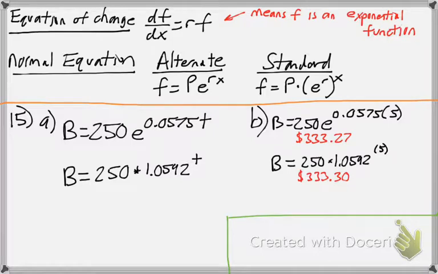But they also want us to know which one's more accurate. Well, the one that we use the e in, this would be more accurate because we didn't round this number here like we did in that second one.